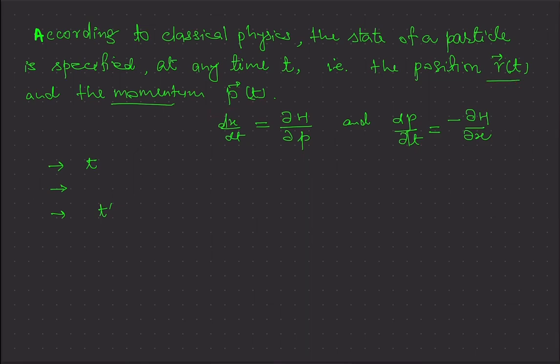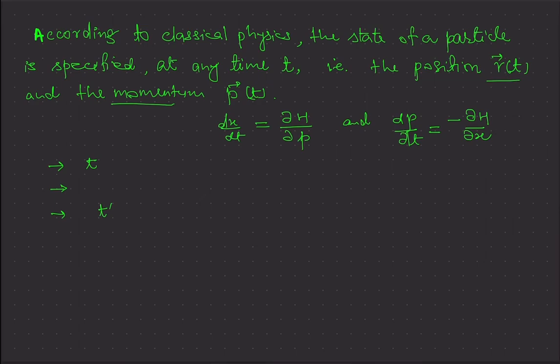If we want to measure the values of these variables at any time t prime, we can predict using, for instance, Hamilton's equations: dx/dt is equal to ∂H/∂p and dp/dt is equal to minus ∂H/∂x.